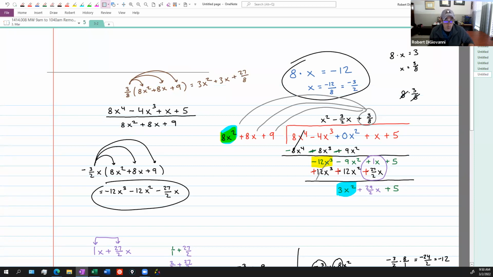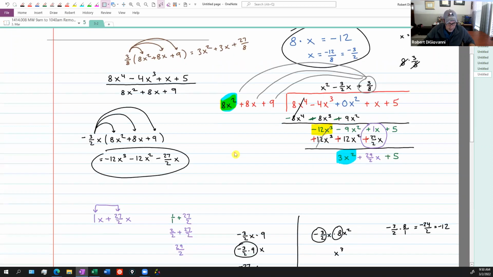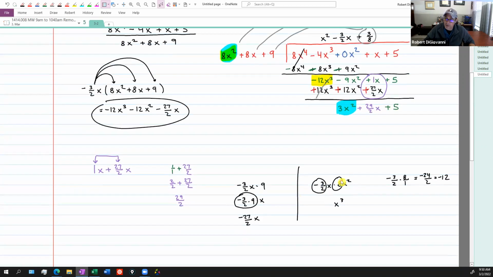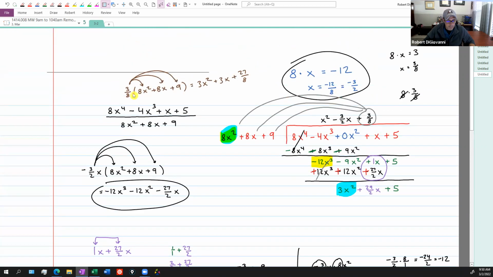So I'm not showing the work there because I did it down here. When I distributed here, I kind of showed you how to do this. You have to do 3/8 times 8, 3/8 times 8, 3/8 times 9. So that's what's going to go down here. 3x squared plus 3x plus 27 over 8. Now I come through and I change the signs.